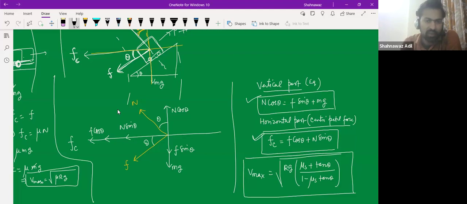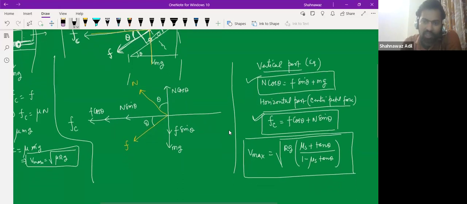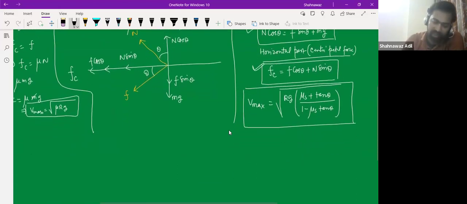Then that speed is called the optimum speed, in which you don't wear and tear the tire. That is the case when mu s is 0.